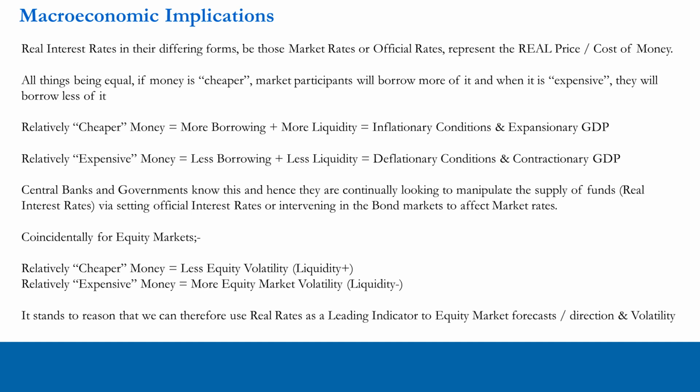Relatively cheaper money causes more borrowing, more liquidity, and inflationary conditions and expansionary GDP. Okay. Relatively expensive money creates less borrowing, less liquidity, and deflationary conditions and contractionary GDP.